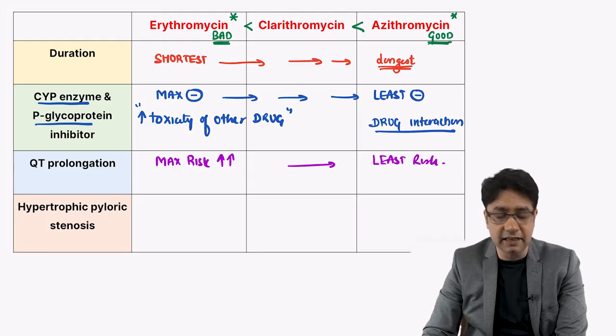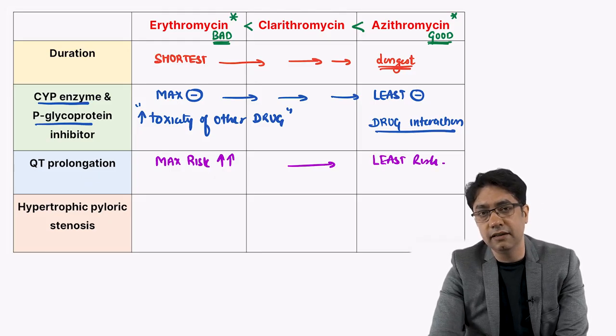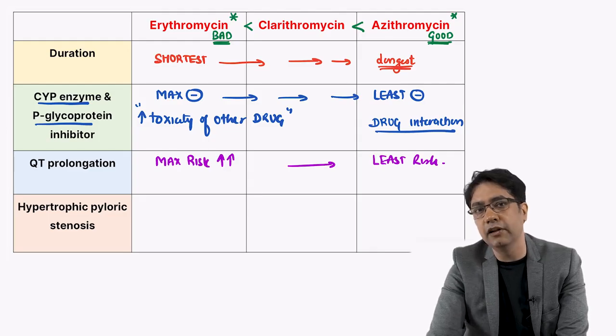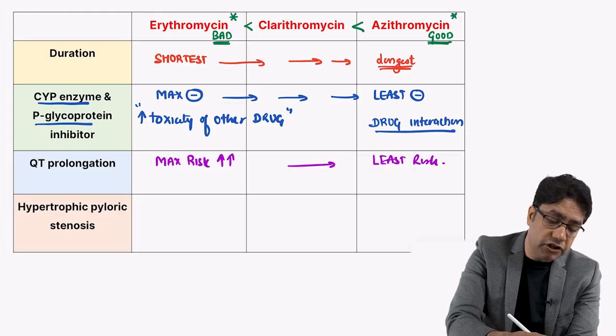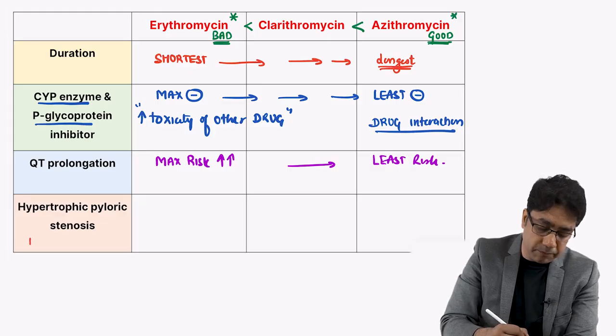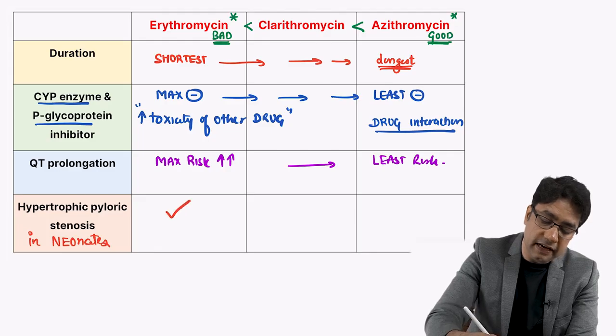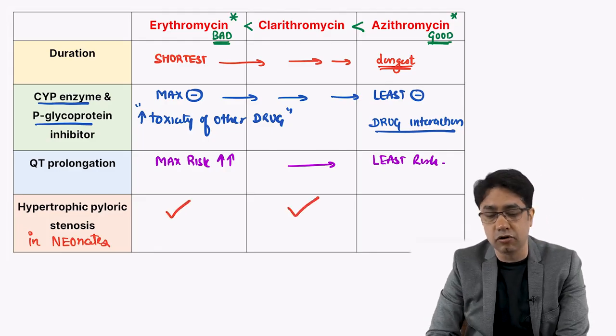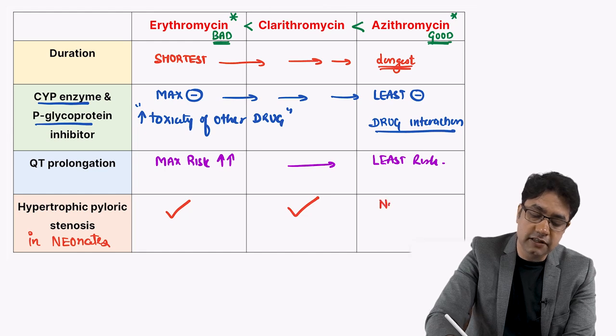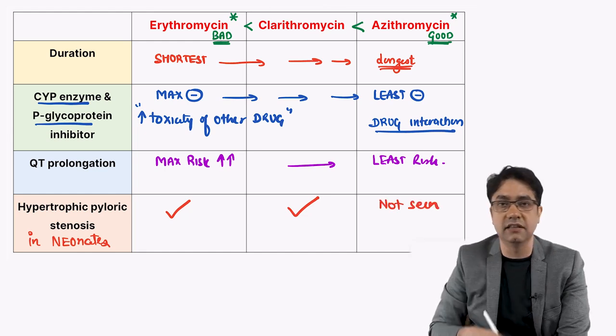Now the last side effect is very important, that is hypertrophic pyloric stenosis. So which drug causes hypertrophic pyloric stenosis in neonates? We will write it is again by erythromycin and clarithromycin. It is not seen with azithromycin.